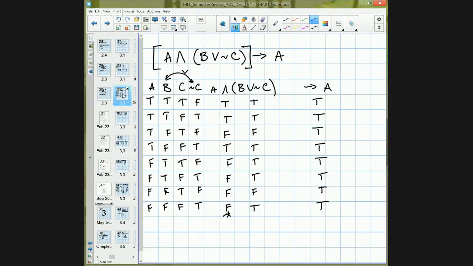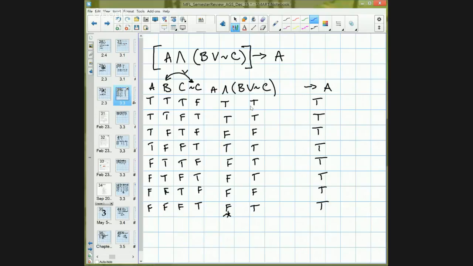Conditional and biconditional. So first of all, what's the rule for conditional? Only false if the first statement is true and the second statement's false. Yep. Rhonda, can you tell me what's the rule for the biconditional?